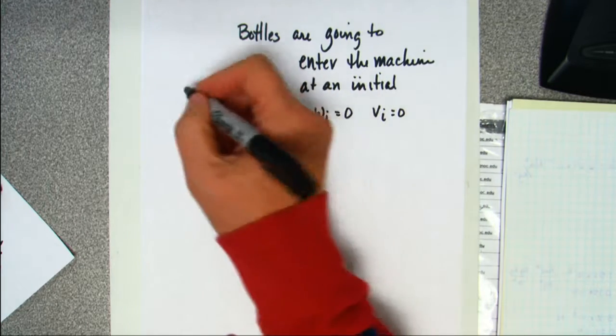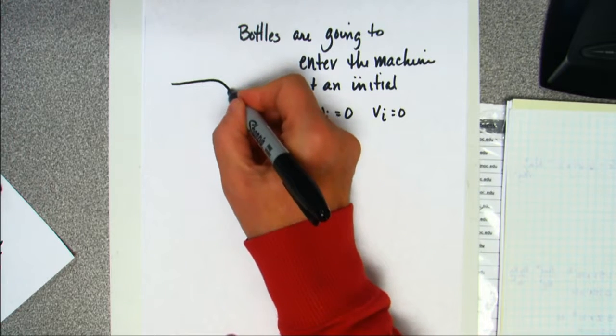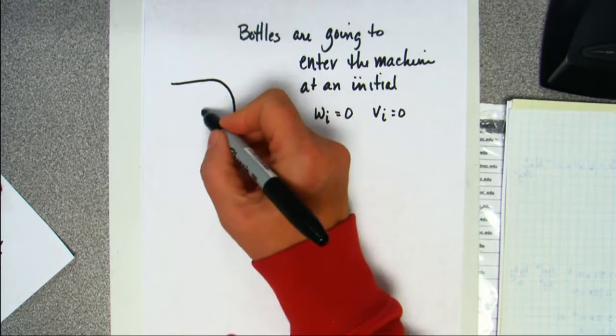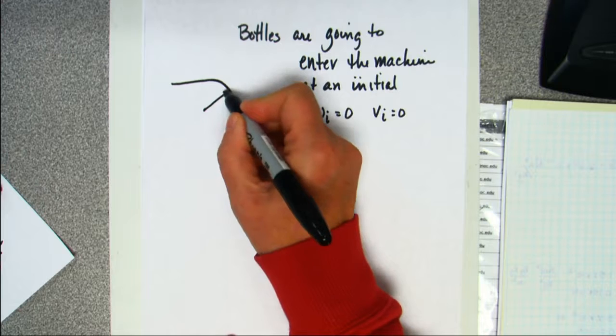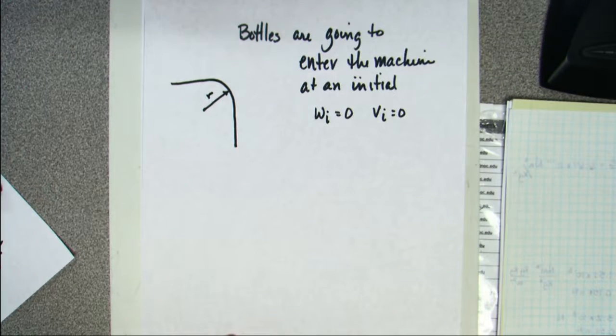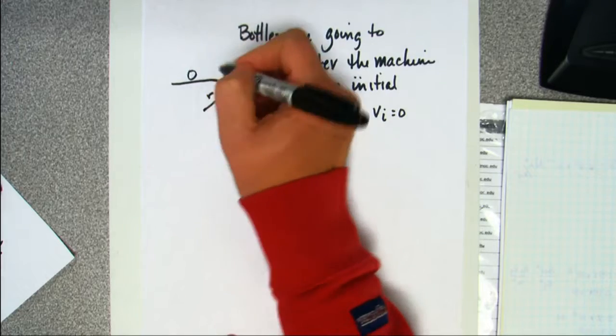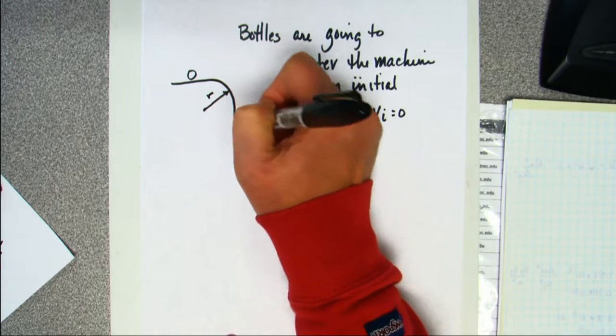What happens is we have it coming in and we're going to go around the curve. So this has a radius r. So we got the bottle coming in and we got the bottle coming out.